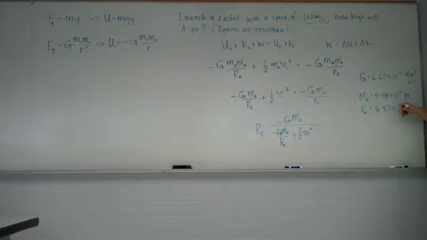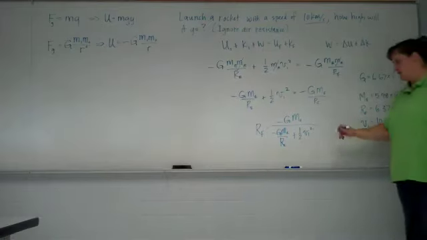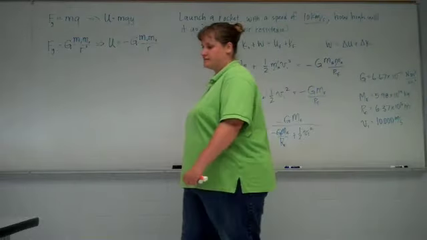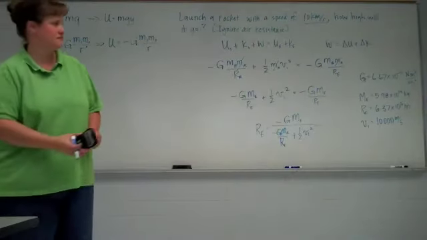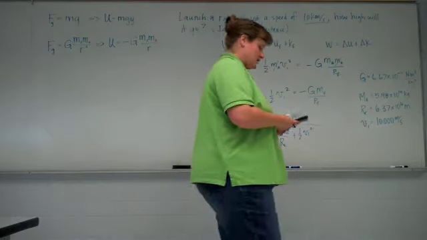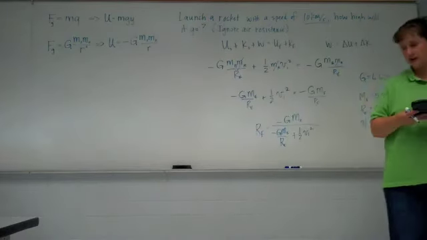Thank you. So G, mass of the Earth, radius of the Earth. Initial speed needs to be in meters per second, so 10,000 meters per second. Plug and chug all of that in. This is when I wish my calculator would work.